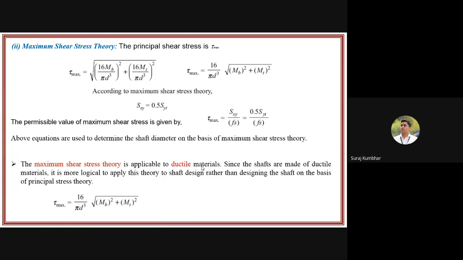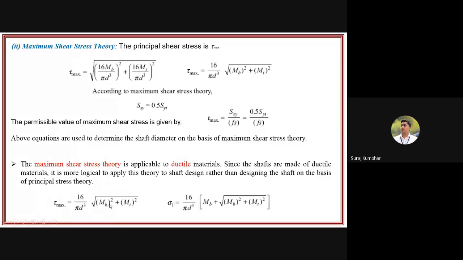So tau max, that is maximum shear stress, is equal to 16 upon pi d cube into square root of Mb square plus Mt square. For the principal stress sigma 1, the formula is 16 upon pi d cube into (Mb plus square root of Mb square plus Mt square).